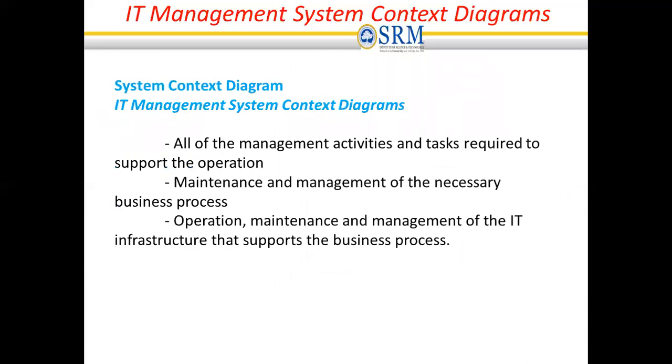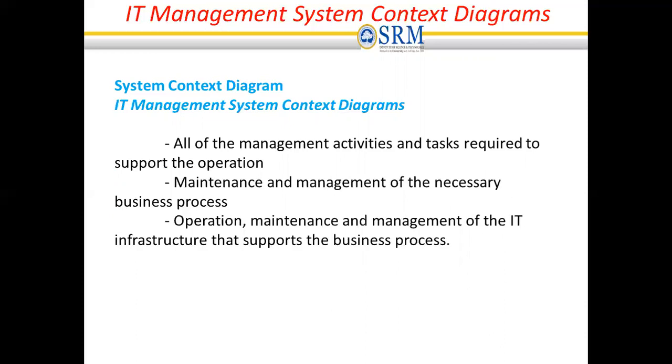So coming to what is managed business system context diagram, managed business systems can be very complex with respect to these aspects. All of the management activities and tasks that are required to support the operation have to be mentioned in a single diagram, which is very critical to represent as well as to understand.